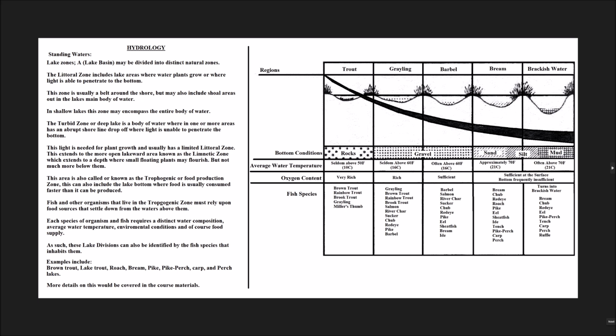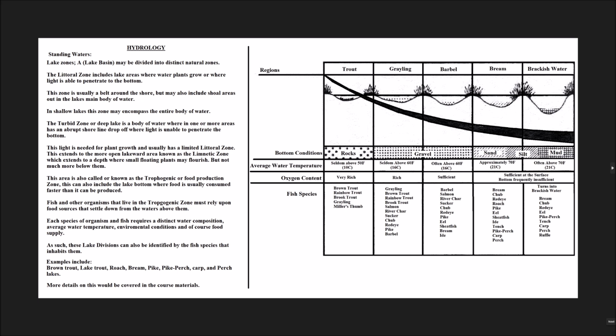This extends to the more open lakeward area known as the limnetic zone, which extends to a depth where small floating plants may flourish, but not much more below them. This area is also known as the trophogenic or food production zone. This can also include the lake bottom, where food is usually consumed faster than it can be produced.